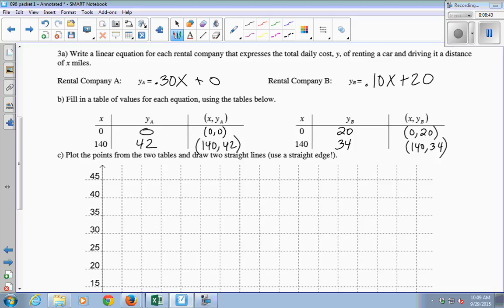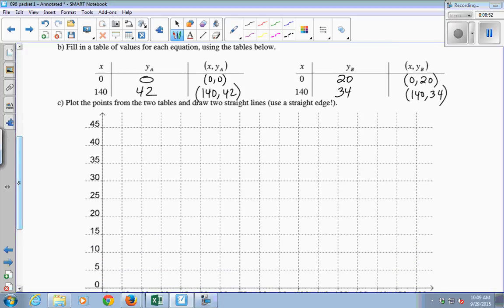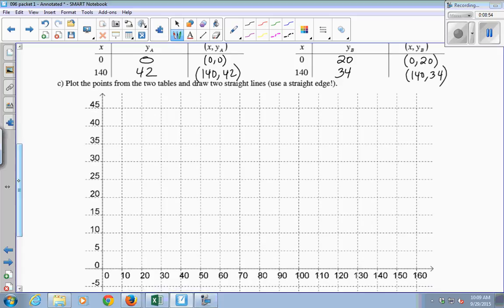All right, so these are two separate companies, two separate cost lines. So I'm going to draw two separate lines on this grid paper below here. Okay, so I'm going to have X, which is distance driven, and Y, which is cost. All right, so company A, I'll do them in two different colors. Company A, we've got 0, 0, my first point, and 140, comma 42 as my second point.